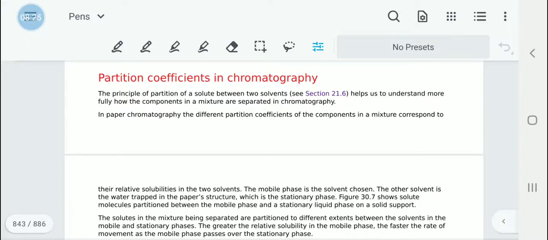That means the chemicals that are present in the mixture that we are going to check, the different partition coefficients of those components will correspond to their relative solubilities in the two solvents. So there is a relationship between their solubility and their different partition coefficients.